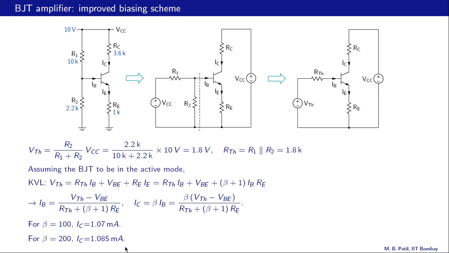For all practical purposes, they are the same. And this of course is a big improvement over the previous circuit, in which IC was very sensitive to the value of beta. Here we have changed beta by a factor of 2 and see hardly any difference in the collector current value. So this is a big advantage of this configuration, and it is therefore commonly used for amplification.